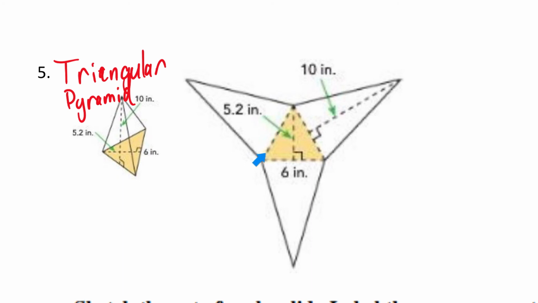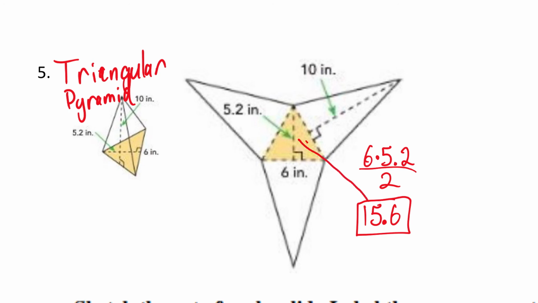Okay, so how are we going to find the area of this triangle? Good, base times height divided by 2. So 6 times 5.2 divided by 2. Which is what? Okay.